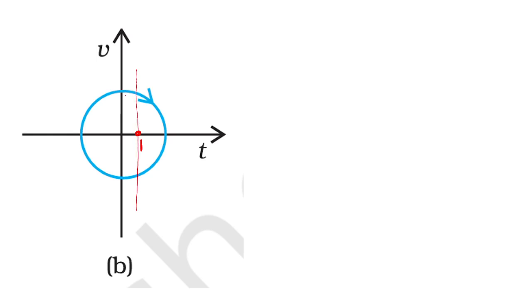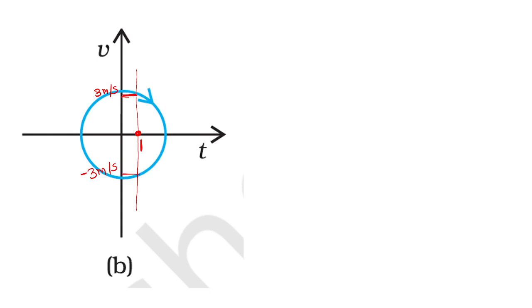So at 1 second, I have the velocity, say 3 meter per second, as well as minus 3 meter per second. So at a given time the body has two velocities. It is also impossible. At a given time the body will have one velocity, not two velocities.